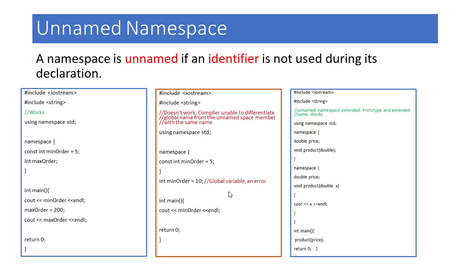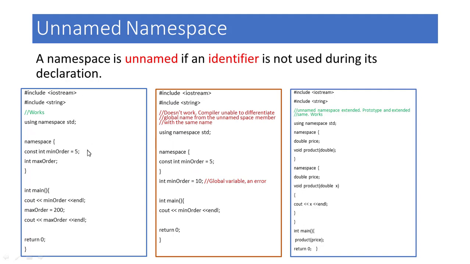We also can declare an unnamed namespace. And what does that mean? A namespace is unnamed if an identifier is not used during its declaration. That is, if we fail to use an identifier while declaring our namespace, it will mean that that namespace is unnamed. Here are 3 examples on the screen, and I will explain them one after the other.